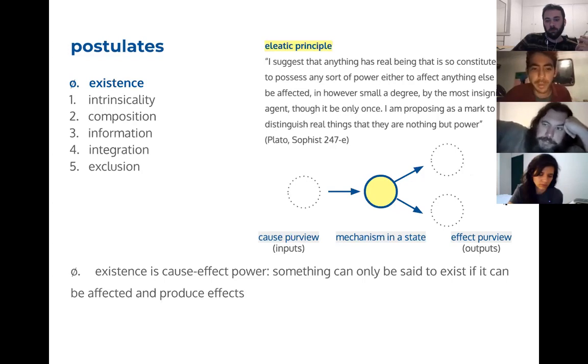Existence is equated with cause-effect power, because if something doesn't produce effects and doesn't have any cause, there's no sense in postulating its existence in physical terms. So for now we have some kind of mechanism, and this mechanism is able to have effects and be affected by something. That's what existence is saying.